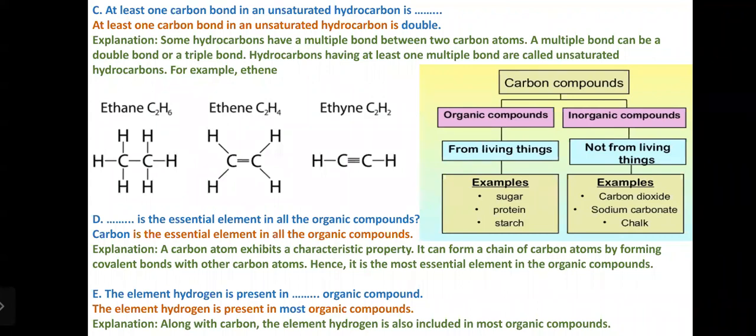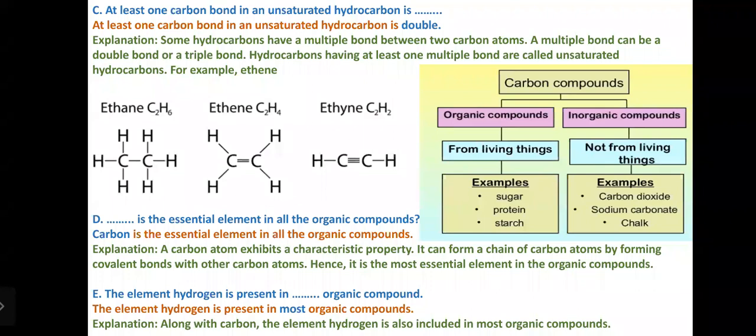Now, observing the second molecular structure, C2H4 ethene, the slightly different word is ethene. The last three letters in the name change: in ethane it is ANE, but in ethene it is ENE. The molecular structure of ethene is C2H4. There is a double bond between two carbon atoms and single bonds between carbon and hydrogen atoms.